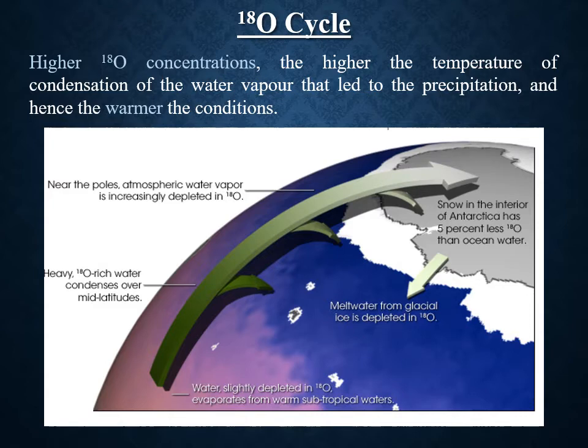Polar regions are relatively rich in O16 compared to the marine waters in low latitude regions. So marine waters are always rich in the heavier isotope of oxygen compared to the ice or snow found in the polar areas or in the high altitude regions of mountain tops.